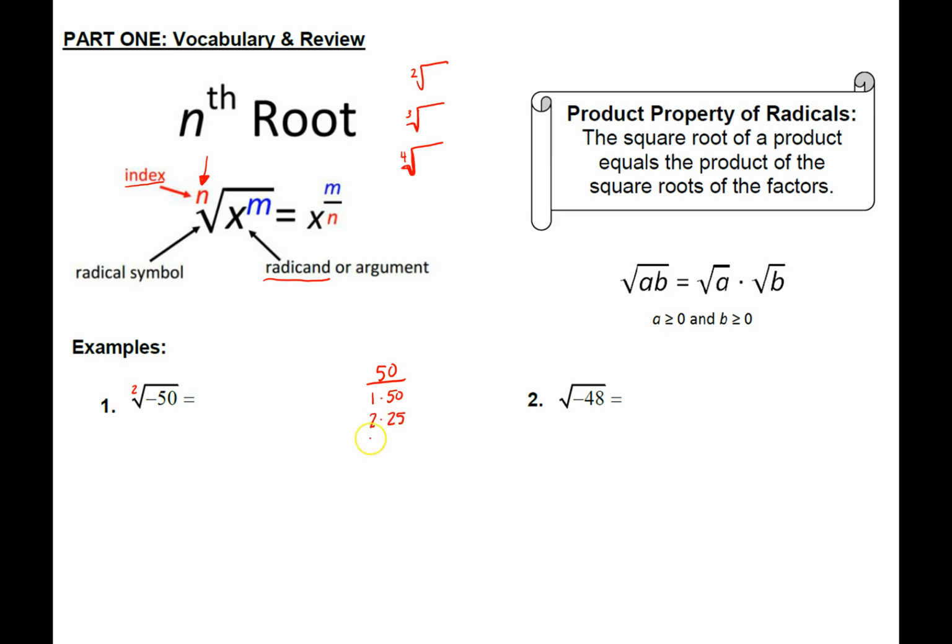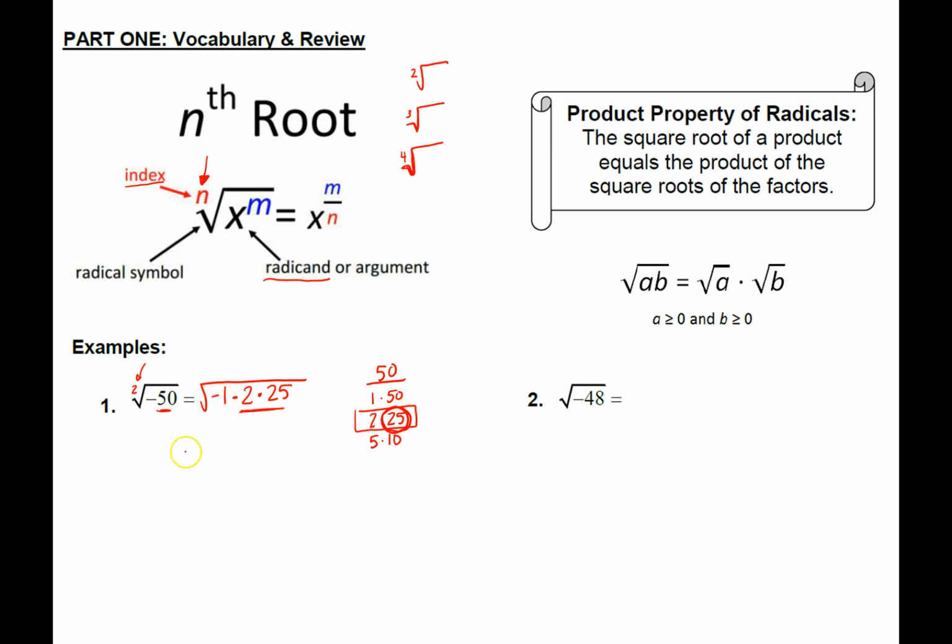Now we could keep going and get down to like 5 times 10, but I'm actually going to stop at 2 times 25 because 25 is a perfect square. 25 is 5 squared, and because this is a square root, that's a good thing. So I'm going to rewrite this radical as negative 1 times 2 times 25, rewriting the 50 as 2 times 25. Now I'm going to think about which of these pieces can I take the square root of.